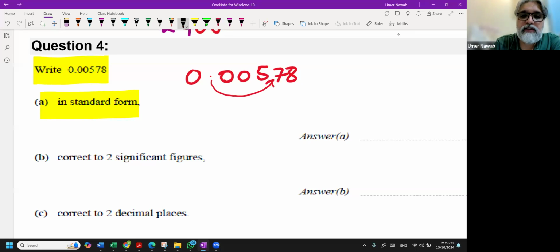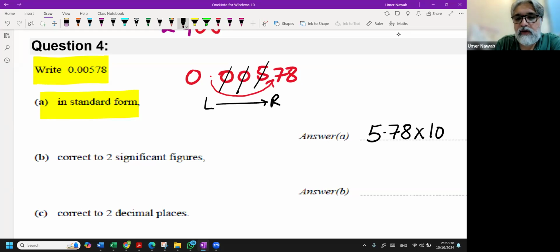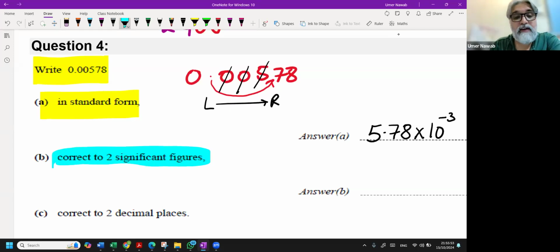So how many digits am I going to cross? 1, 2, 3. So the number is 5.78 into 10 raised to the power. Did you see? I have moved from left to the right. So forcefully, you are pushing the decimal from left to the right. So I have to write the negative power. So negative 3. Clear?